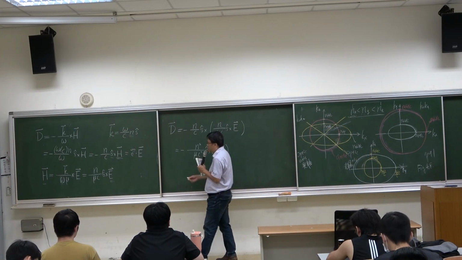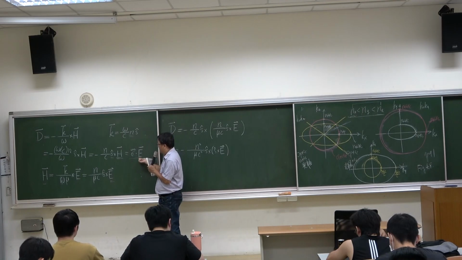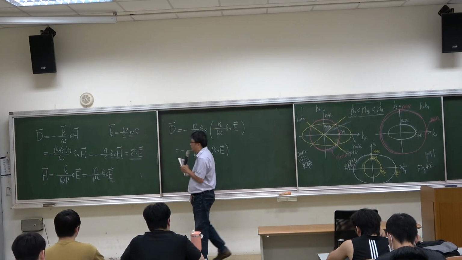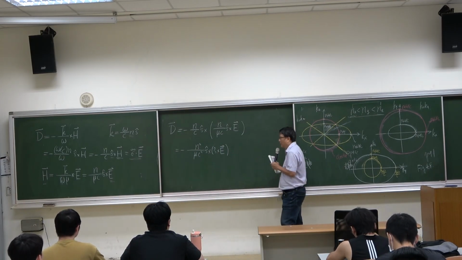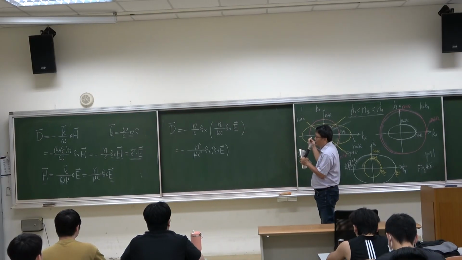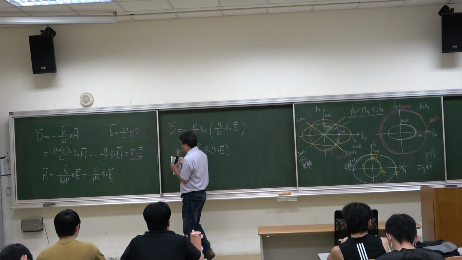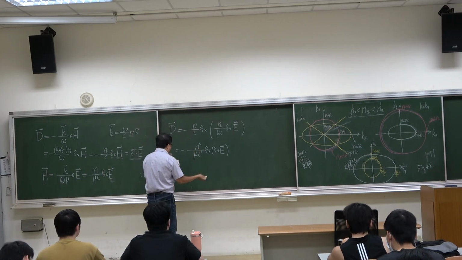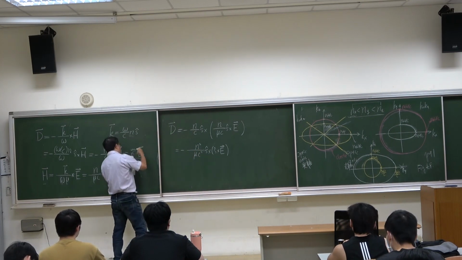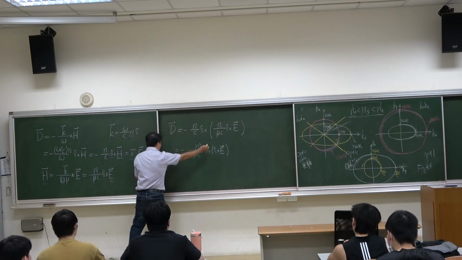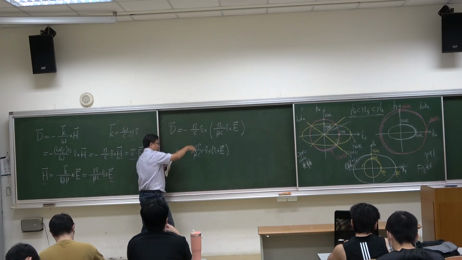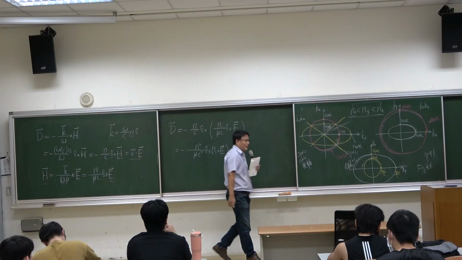You can also use the direct method, epsilon times E, to find the D vector. So these two ways to find the D vector mean that you can find the equation relating these two expressions to find the refracting index. Okay.